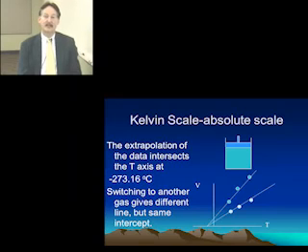So the Kelvin scale has been devised from fundamental principles, based on the fact that the pressure, temperature, and volume relationship for an ideal gas all extrapolates to one temperature, which we define as 0 Kelvin.